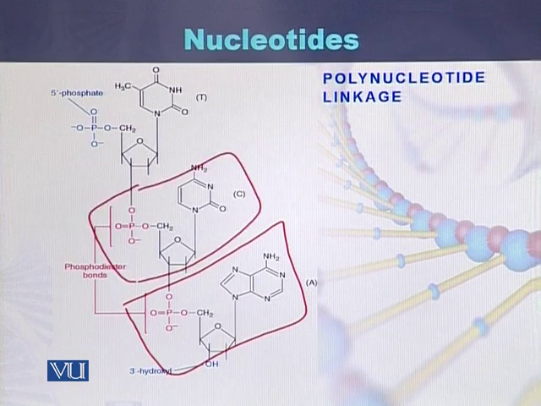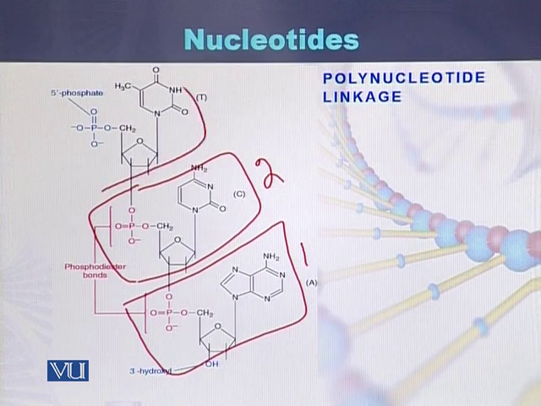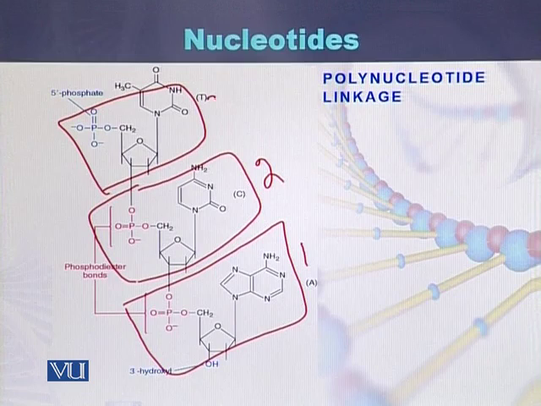So nucleotide 1 is attached with nucleotide 2 and nucleotide 2 is attached with nucleotide number 3. So polynucleotide means the nucleotides, which are the building blocks of DNA, are joined with each other. One is joined with the second, which is joined with the third nucleotide.